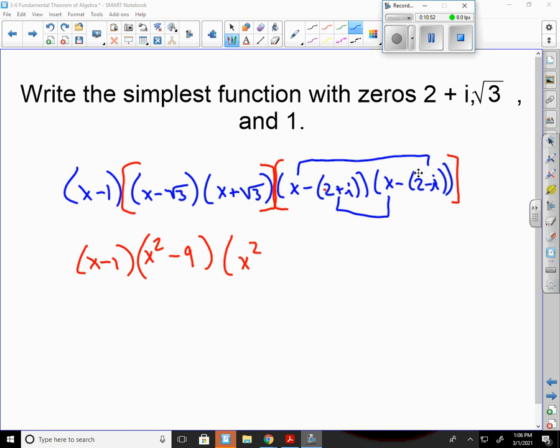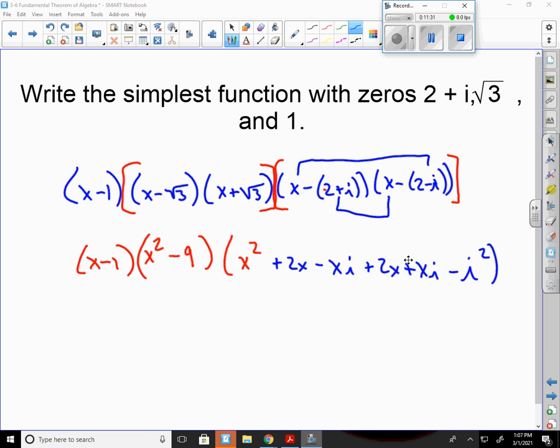If I do 2 times x, it gives me plus 2x. And then negative i times x, that's negative xi. Inside, I do 2 times x, and that gives me plus 2x. Then I do x times i, and that gives me positive xi. And then last is i times negative i, which is a negative i squared.